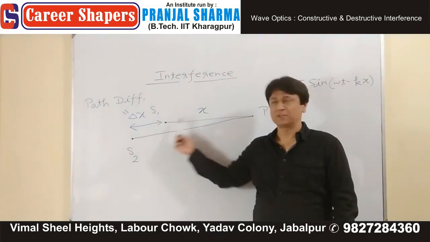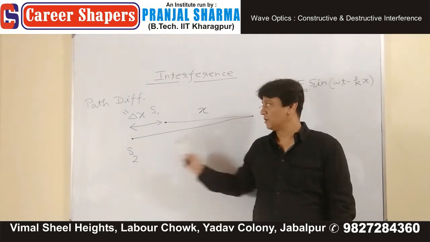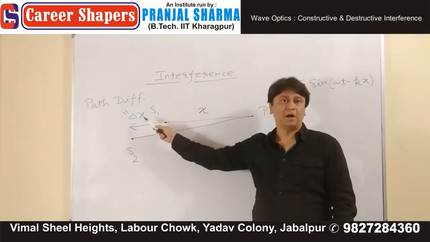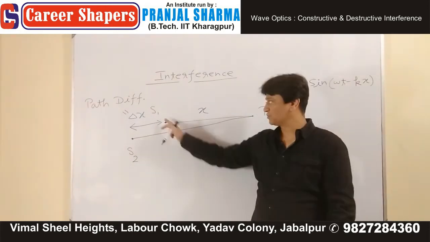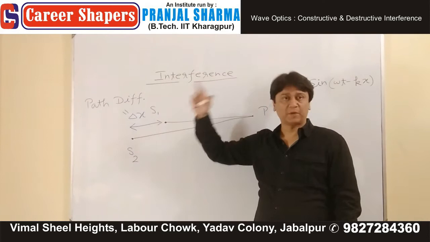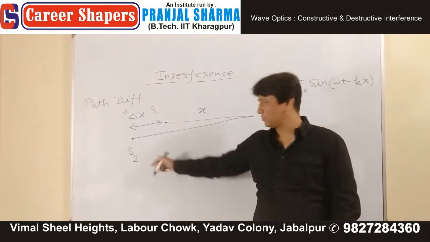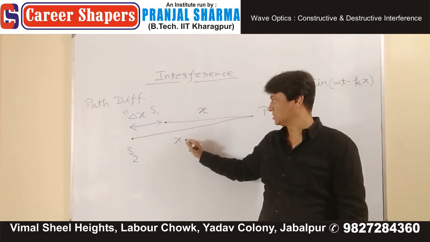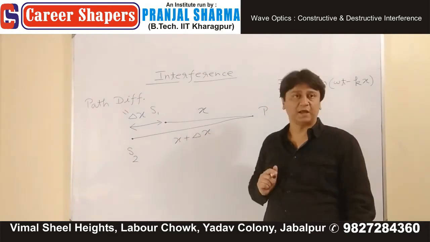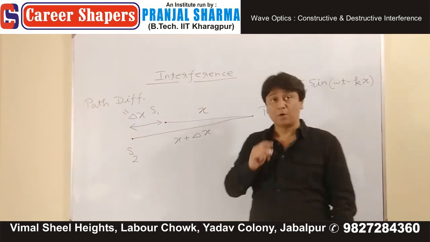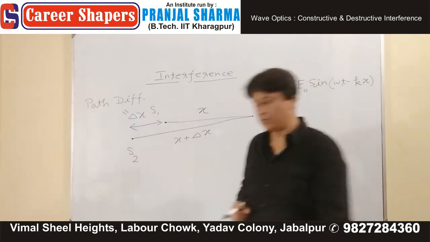Waves coming from S1 and waves coming from S2 have a path difference of delta X, which means if waves from S1 are traveling a distance of X, then waves from S2 are traveling a distance of X plus delta X. But the important thing is, both S1 and S2 are of the same frequency.